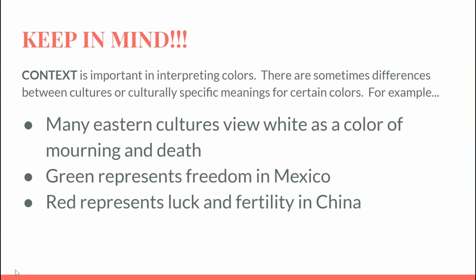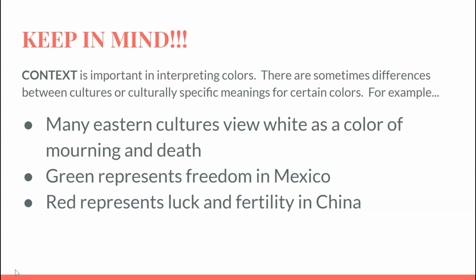However, with all of these different things that we've just talked about, we have to keep this in mind. Context is important in interpreting colors. There's going to be a little bit of subjectivity from person to person, but there are also differences between cultures or culturally specific meanings for certain colors. For example, in many Eastern cultures, the color white is the color of mourning and death, rather than black.